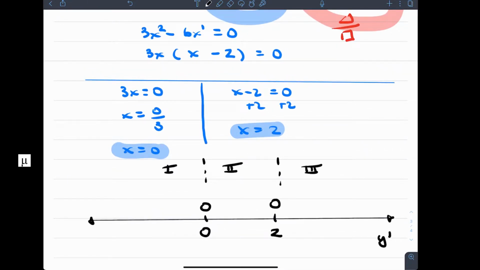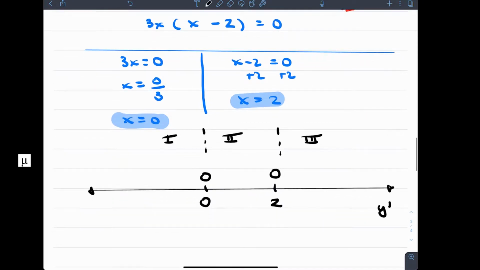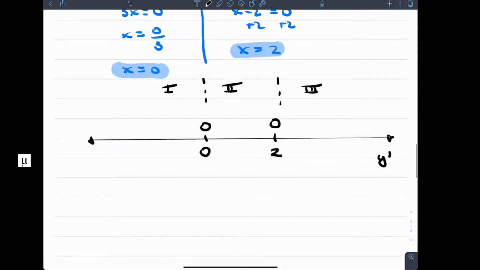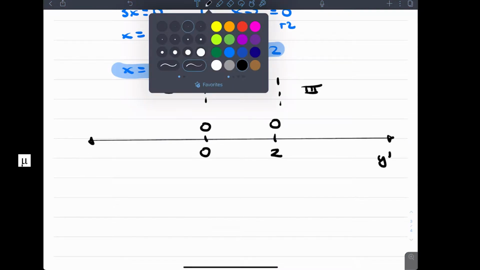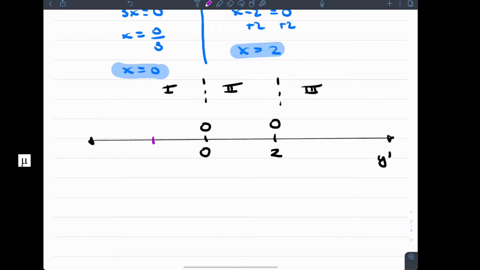Easy breezy lemon squeezy. Does anybody know what you guys do next? Remember, this is where the derivative was 0. You have to pick a t in every interval. What does t stand for? Test point.